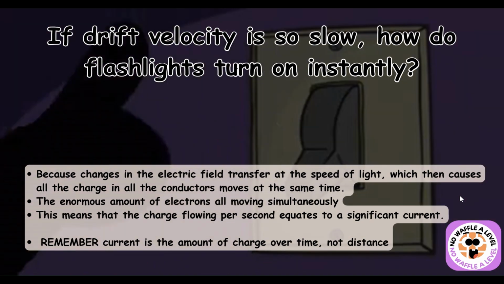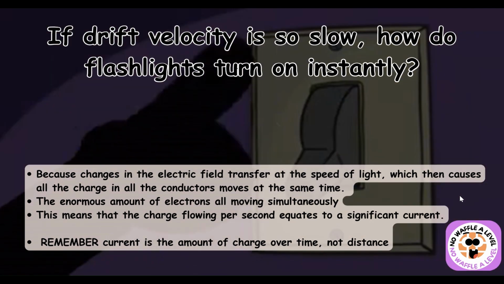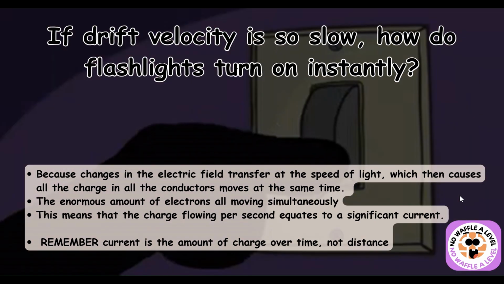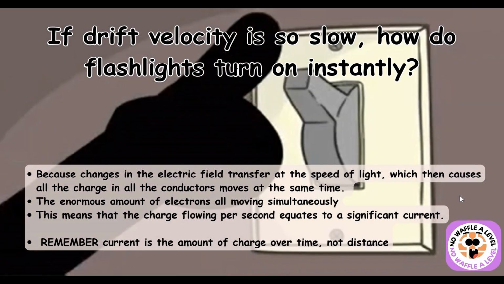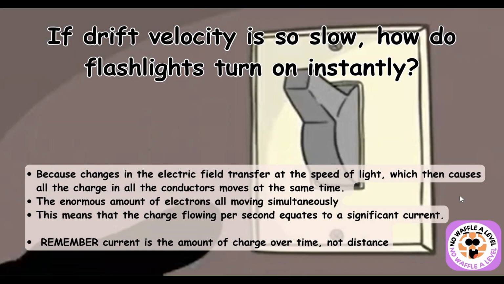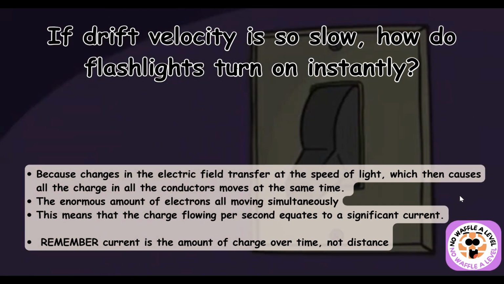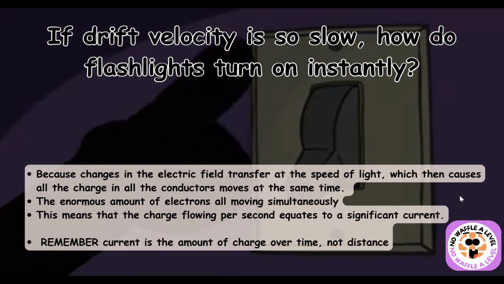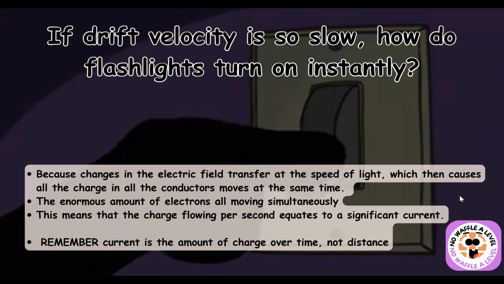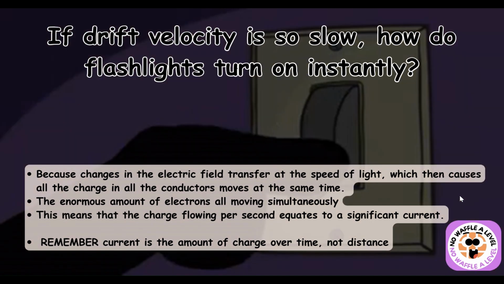The changes in the electric field transfer at the speed of light, so that electric field is very rapid, and that causes everything in the wire to suddenly become electrified, and all of the electrons then start moving at the same time. Because there's an enormous amount of electrons all moving simultaneously, there's a very large charge, causing a very significant current. So you need to remember that current is talking about the amount of charge moving.